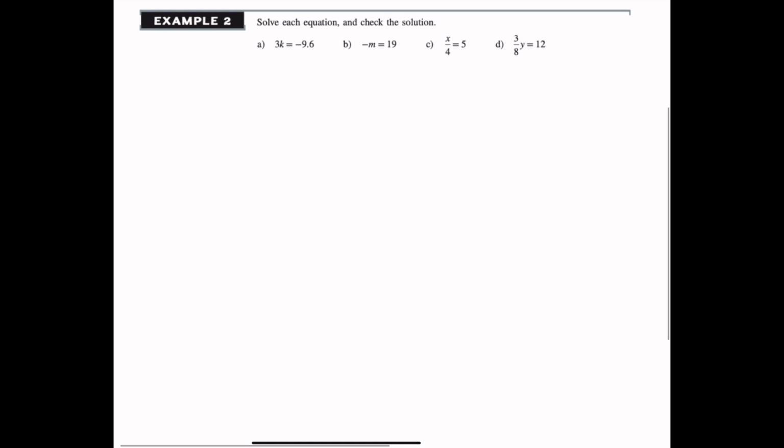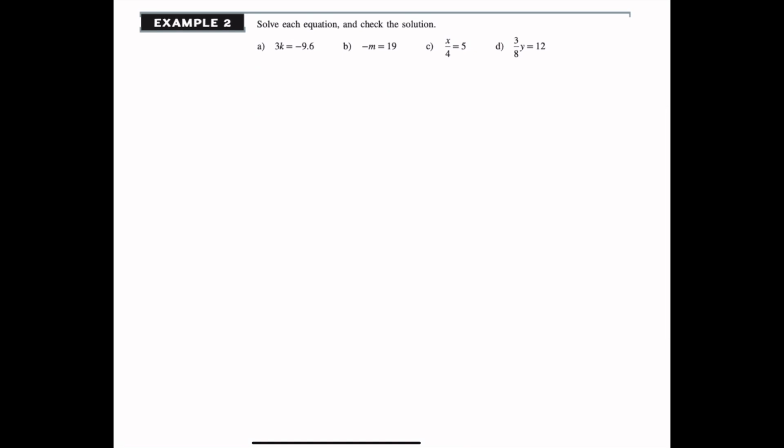So let's give a couple examples. The first one we have is 3 times k equals negative 9.6. So we have 3 multiplied with k. We want to move this over to the other side.